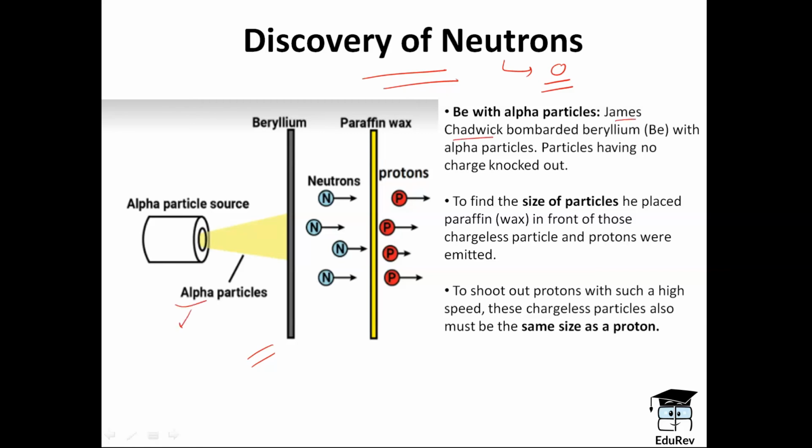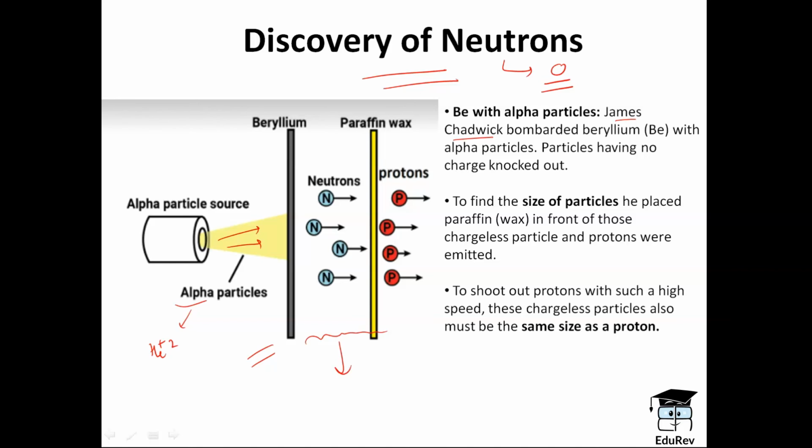Now, what are alpha particles? Alpha particles are helium ions with +2 charge. Alpha particles were projected towards a beryllium foil, and it was noted that some mysterious particles were emitted.